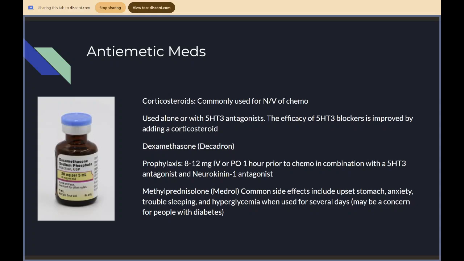For prophylaxis, we do 8 to 12 mgs IV or PO 1 hour prior to chemo in combination with a 5-HT3 antagonist and the NK1 antagonist. Medrol or methylprednisolone can also be used. Common side effects include upset stomach, anxiety, insomnia, and hyperglycemia if used for several days. Caution for patients with diabetes.